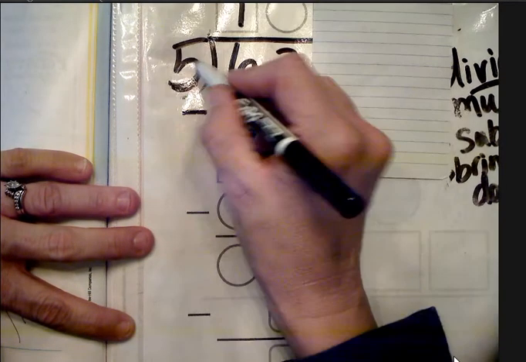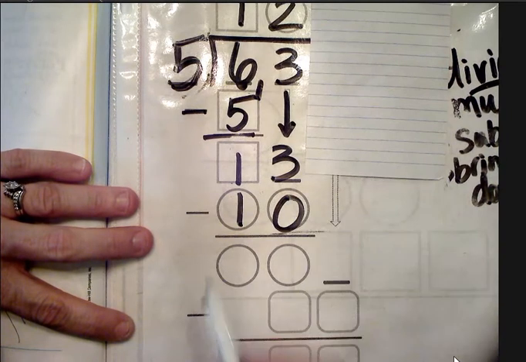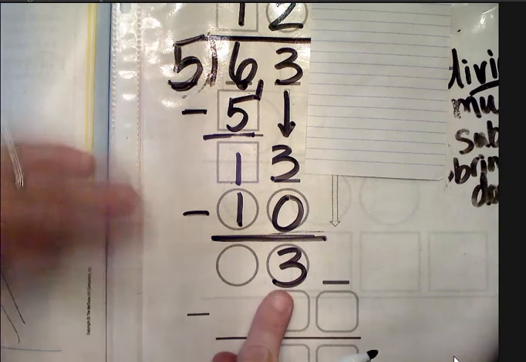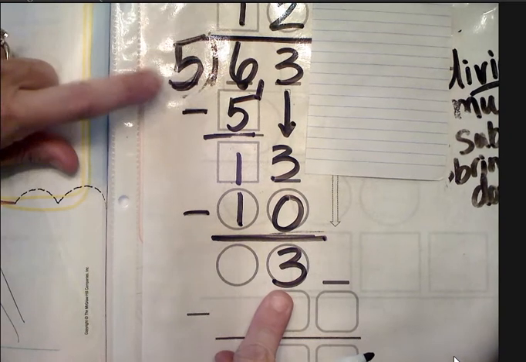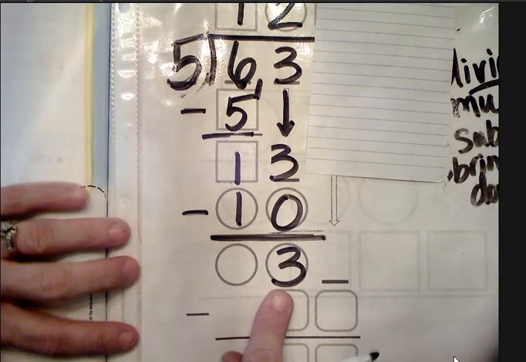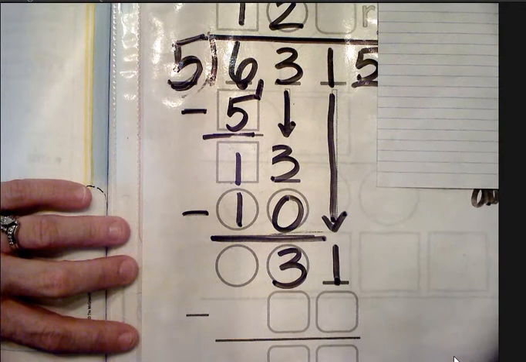Oh, that's right, I forgot about 2 times 5 being 10. Now when I subtract them, you'll see that 3, the answer, is smaller than a 5. That means I'm doing good. I haven't made a mistake on that. Okay, bring down your 1. Now it can be bigger because I brought another down to join it.